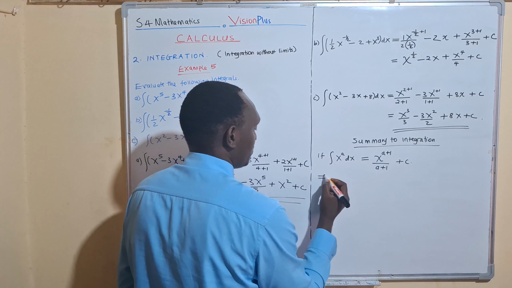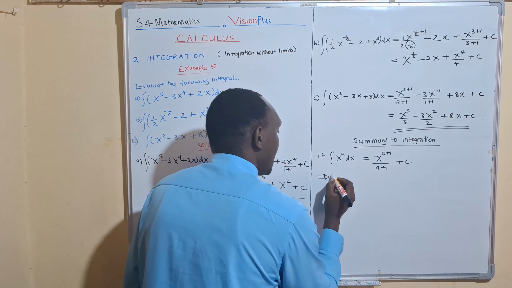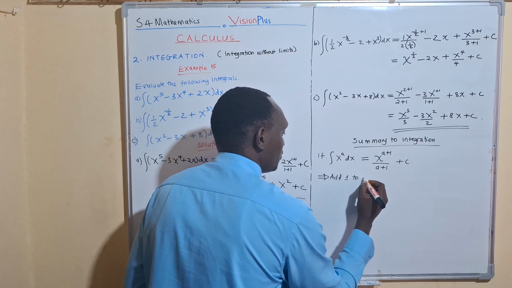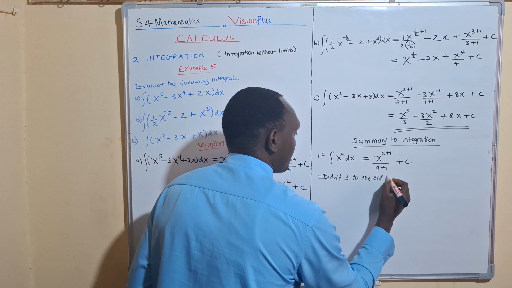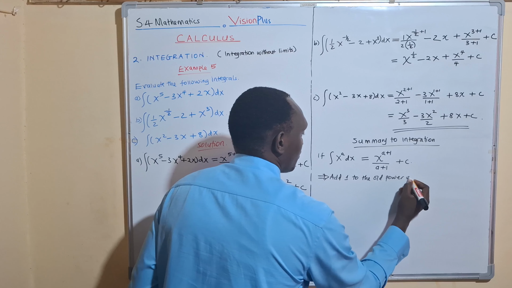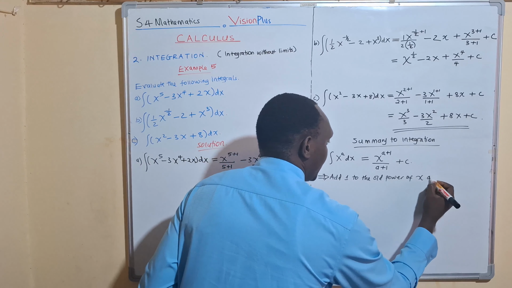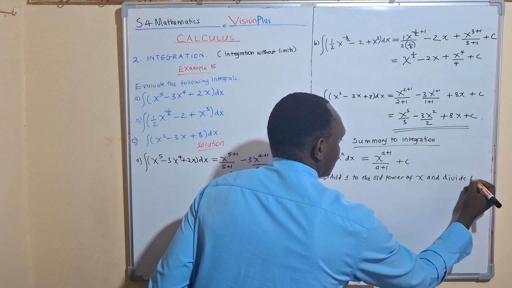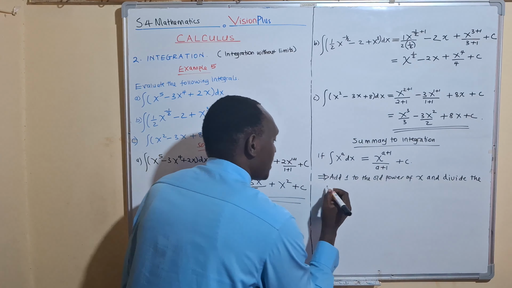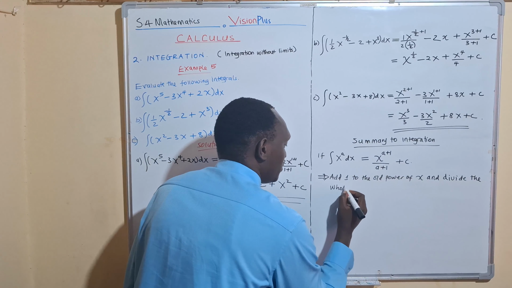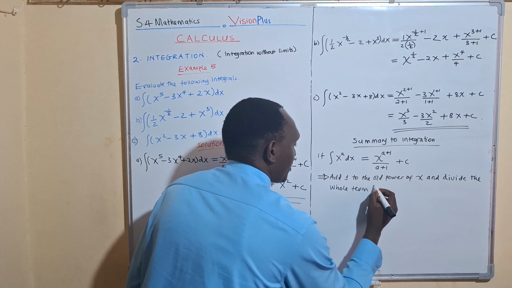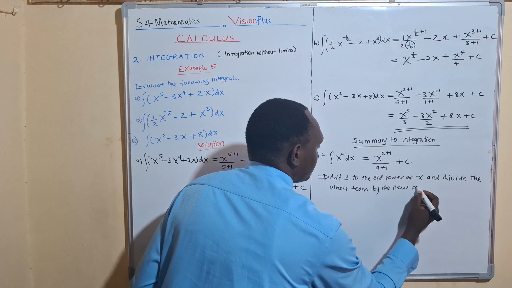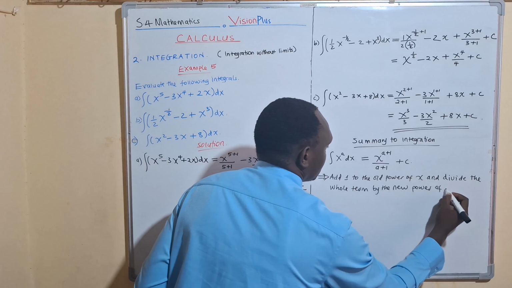In words, we are saying add 1 to the whole power of x and divide the whole term by the new power of x.